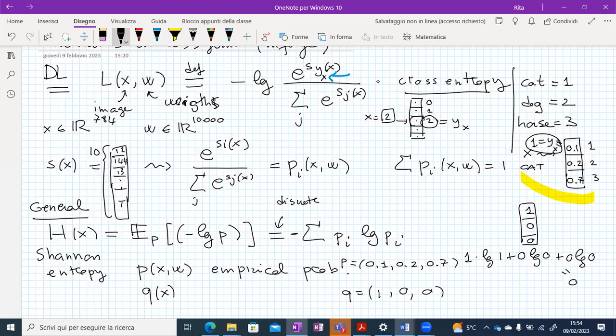So what we really care about is not just the Shannon entropy. It's telling us information, but not a whole deal of information.